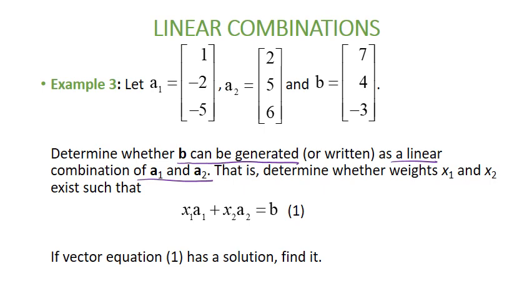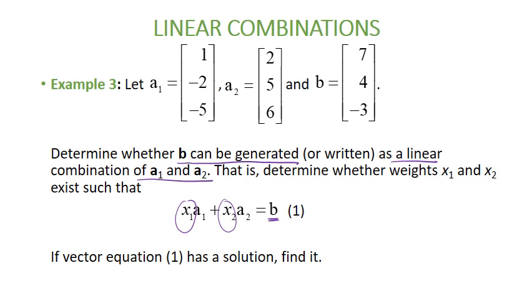In other words, we want to figure out the weights, x1 and x2, that will provide us with vector b. I know that seems like a lot, but there are different ways a question can be asked, and it's asking the same thing.